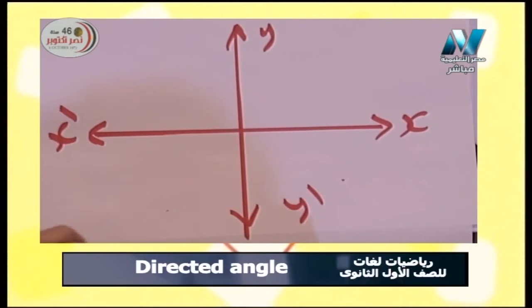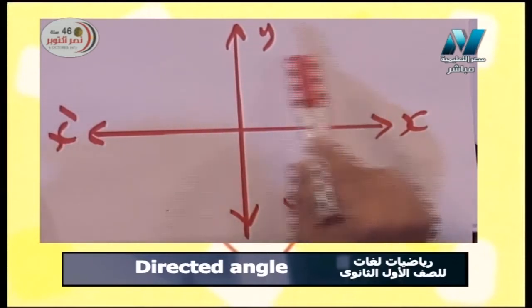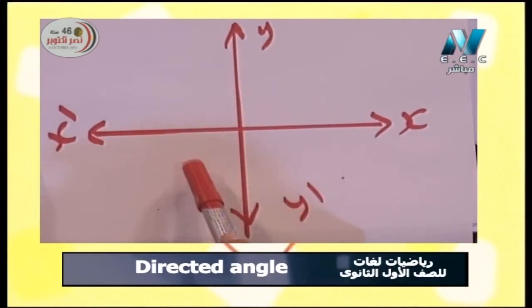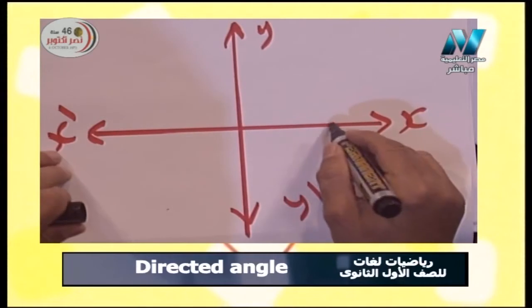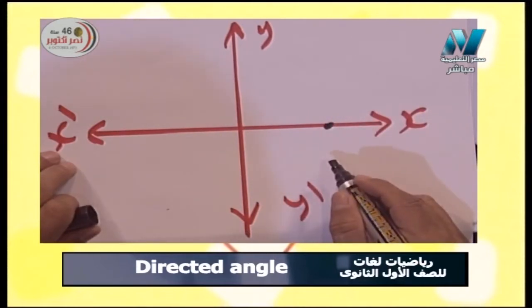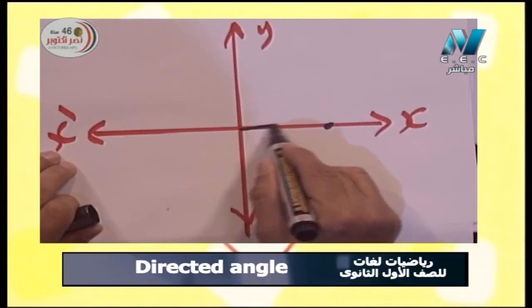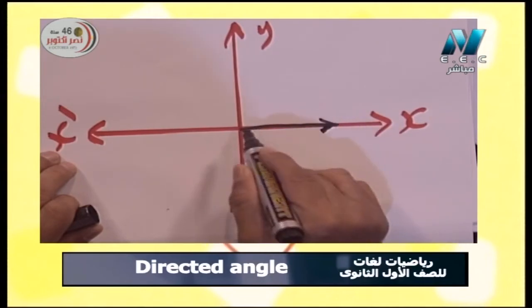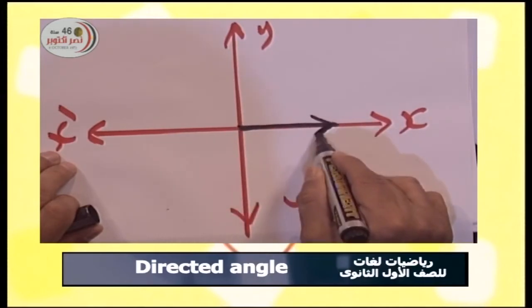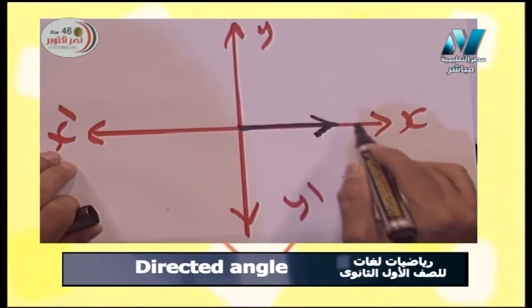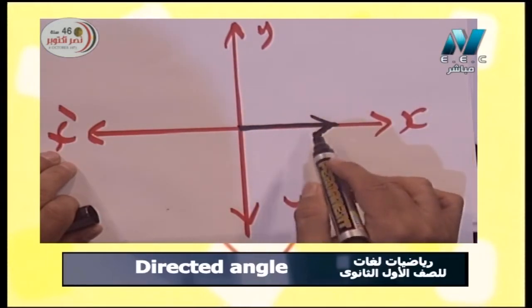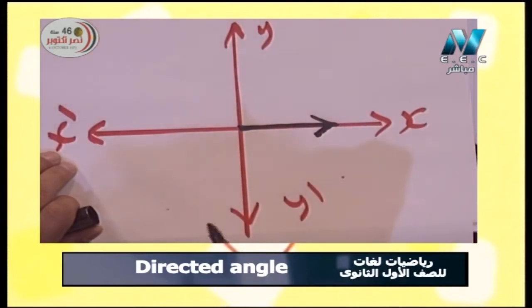This is the first quadrant, second quadrant, third quadrant, and fourth quadrant. If we have an angle whose measure equals 0, its initial side and terminal side coincide here, so it's a quadrantal angle because it lies on the x-axis.